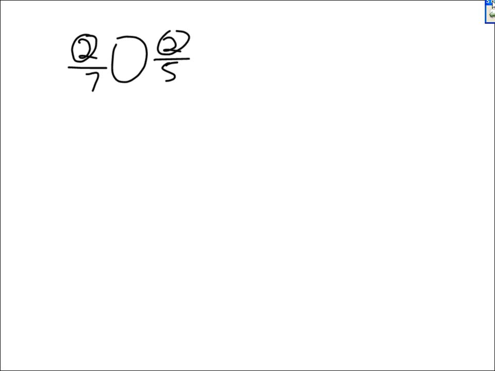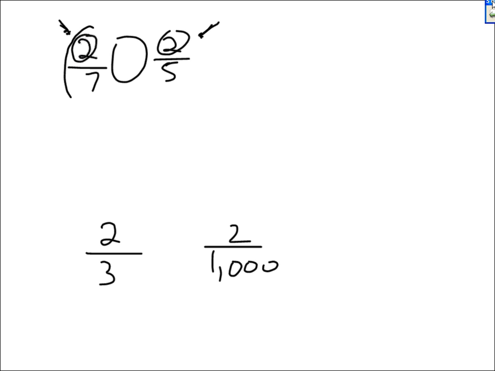Now, if you take a test and you're only going to get 2 right, do you want to get 2 right out of 1,000? Or do you want to get 2 right out of 3? You have 2 pieces of candy and you're hungry. Who gets the bigger pieces? You have 2 pieces of candy and you share them among 7 people, or you share them among 5 people.